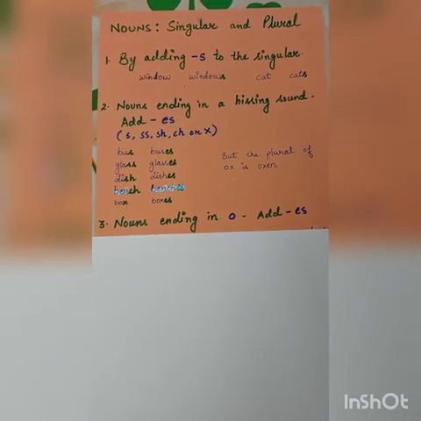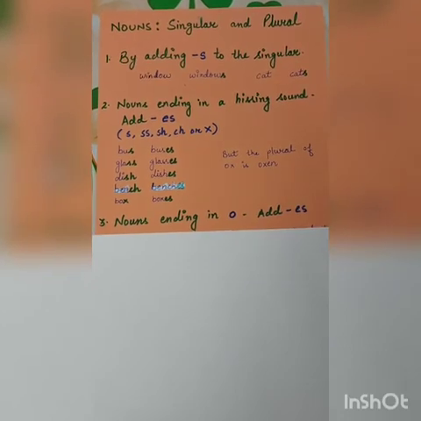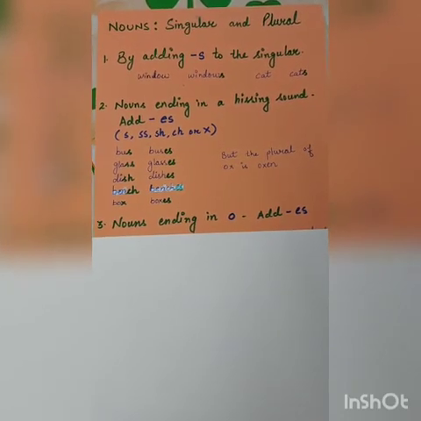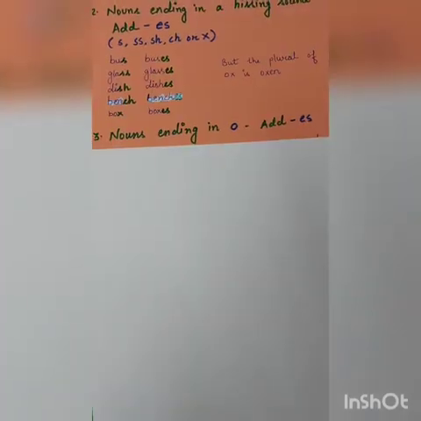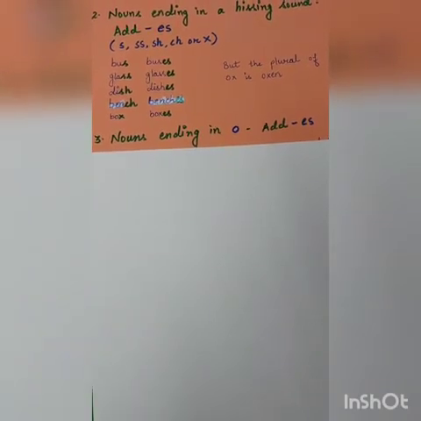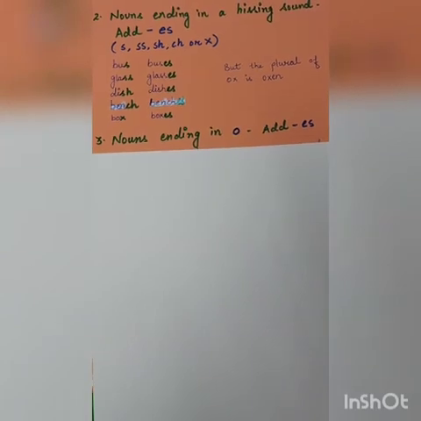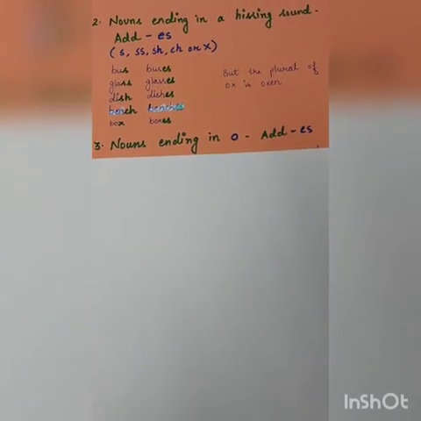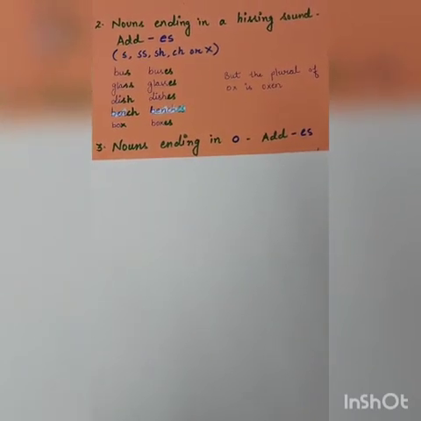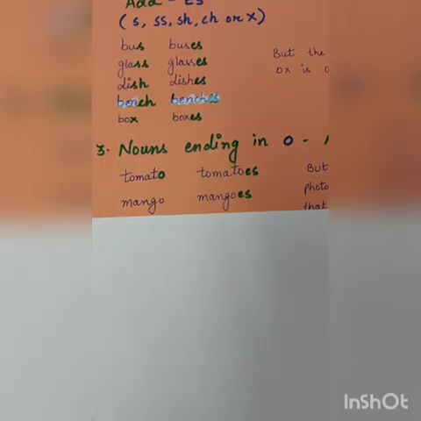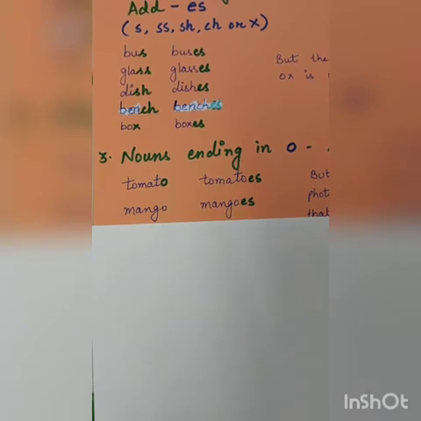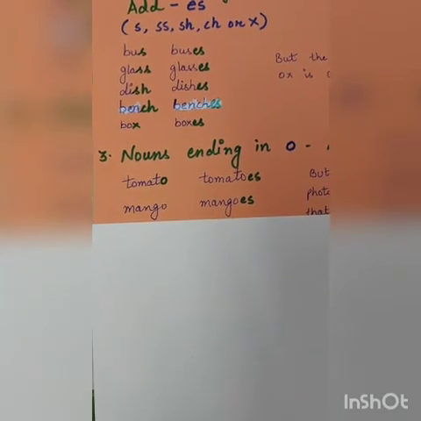Third rule is nouns ending in o add es. So, some nouns that end in o form their plural by adding es to the singular. Let's have a look at some examples. The noun tomato ends in o.